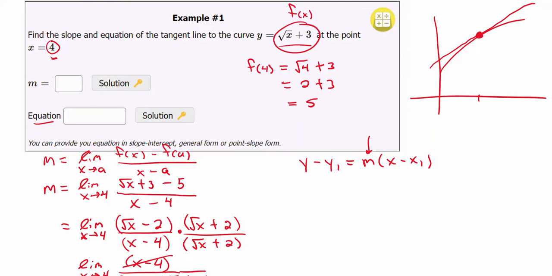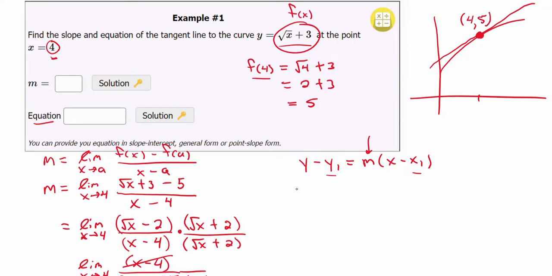And then we just need a point, so a y and an x value. Well, we have all those things. We know the slope is 1 over 4, and we know that there's a point here of 4, comma, and then we found f of 4 was 5, so that's the point.